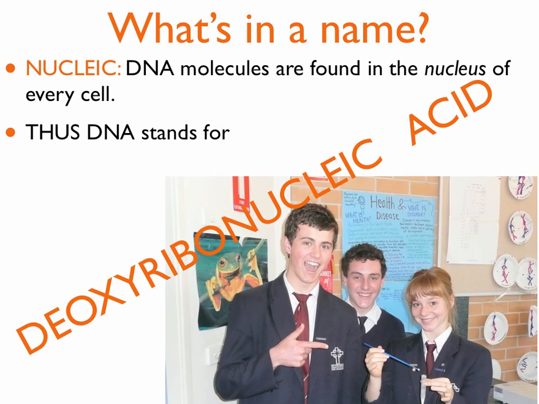So, DNA stands for deoxyribonucleic acid. It's an acid that contains phosphoric. It's also a sugar. It contains deoxyribose, and it lives in the nucleus, so it's nucleic. Therefore, deoxyribonucleic acid is our molecule of interest as we study DNA.